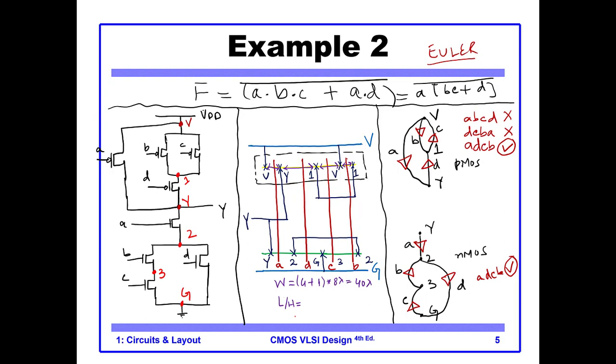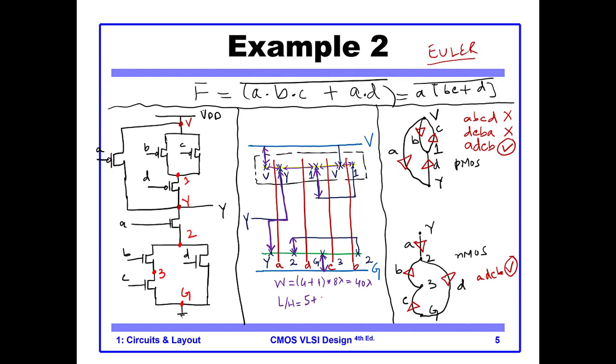For this, consider that I have this one, then I have this one, 2, then I have this one, 3, then I have this one, 4, and I have this one, so 5.